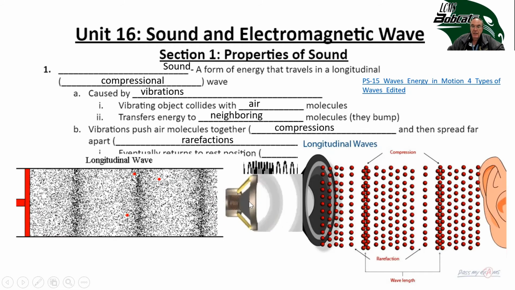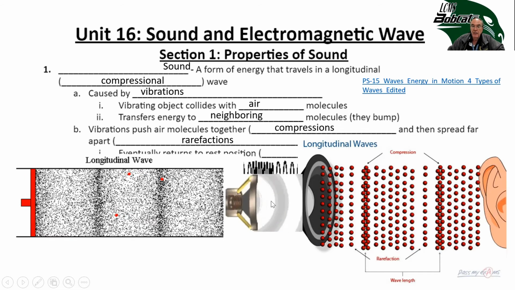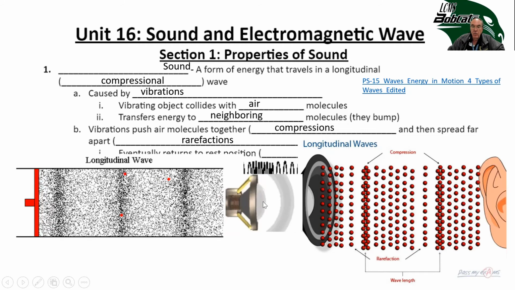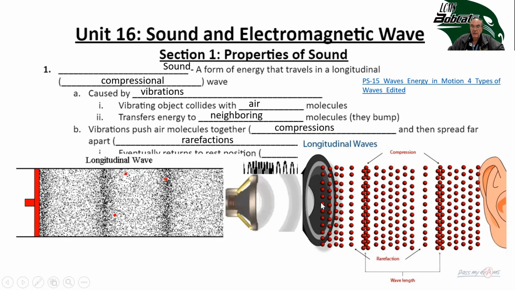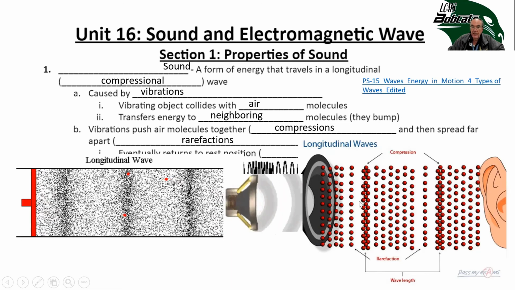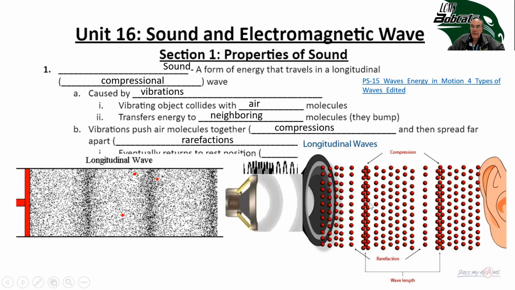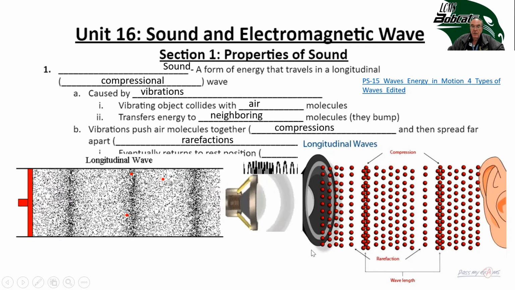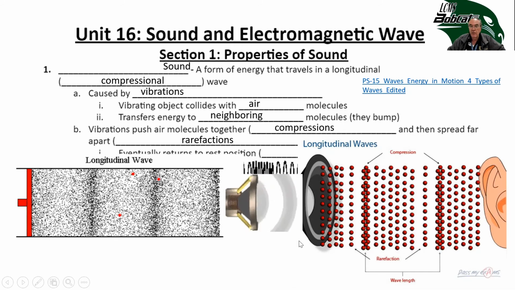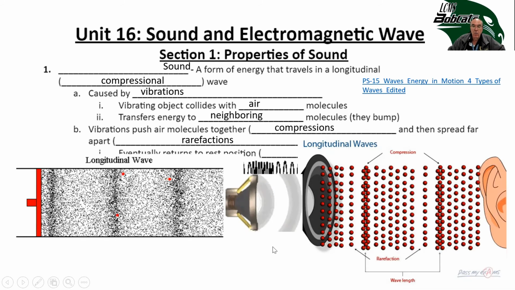There's this little animation of this speaker, and when it pushes out, it sends out the dark rings, which represent the compressions, and then the light rings represent the rarefactions. I put it here next to this ear, and the compressions travel along through the medium until they hit your ear, and that causes a vibration first on your eardrum, and that's how we hear.